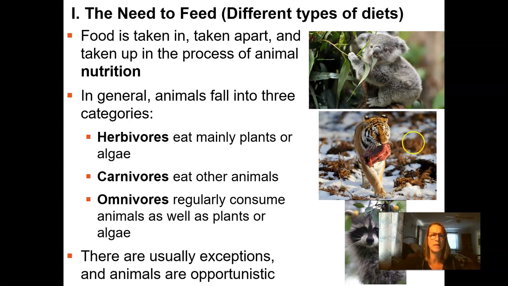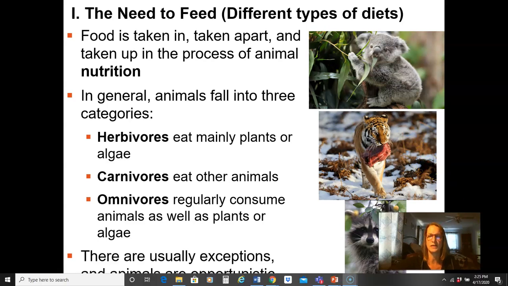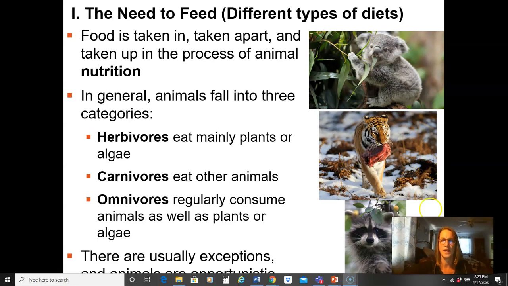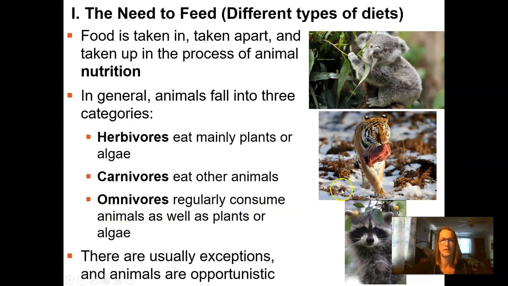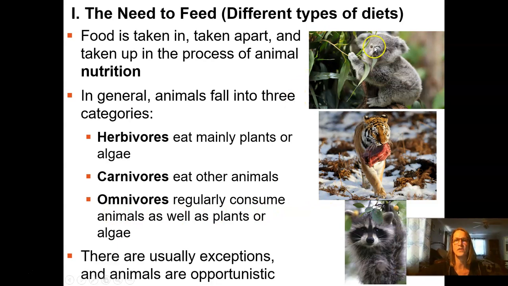Based on the types of things that they feed on, animals fall into 3 different categories. They can be herbivores, and herbivores are plant eaters. So here's an example of an herbivore up here. This is a koala. It's eating eucalyptus leaves, and so they eat only plants.